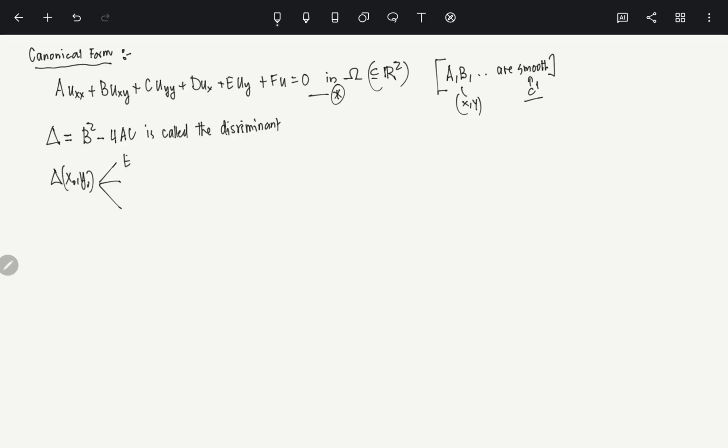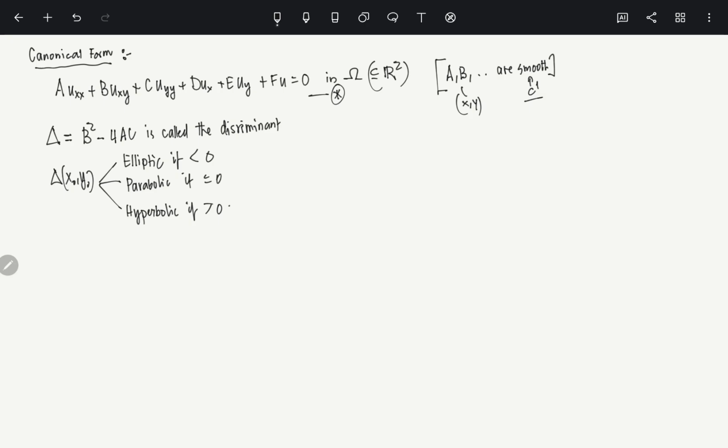The equation is elliptic at (x0, y0) if delta is negative, parabolic if delta is 0, and hyperbolic if delta is positive. Is it okay? This we have already looked at.